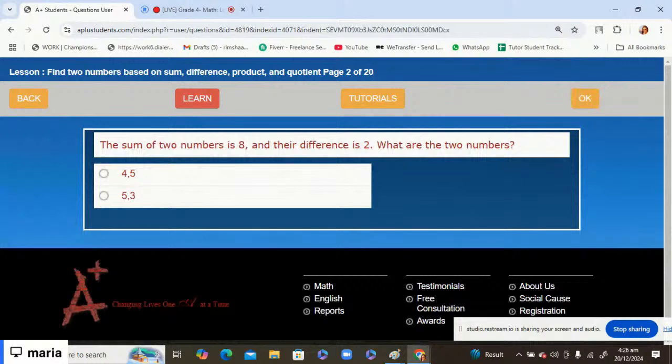So the sum of two numbers is 8. You guys solve this question. Add two numbers and you get the answer 8, and the difference of the two numbers gives the answer 2. What are the two numbers? Do it, solve it. The options given are 4 and 5, and 5 and 3.